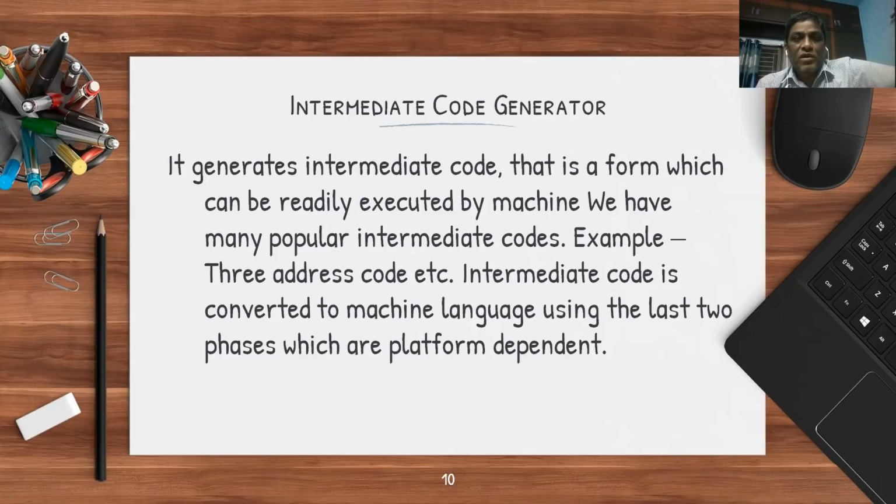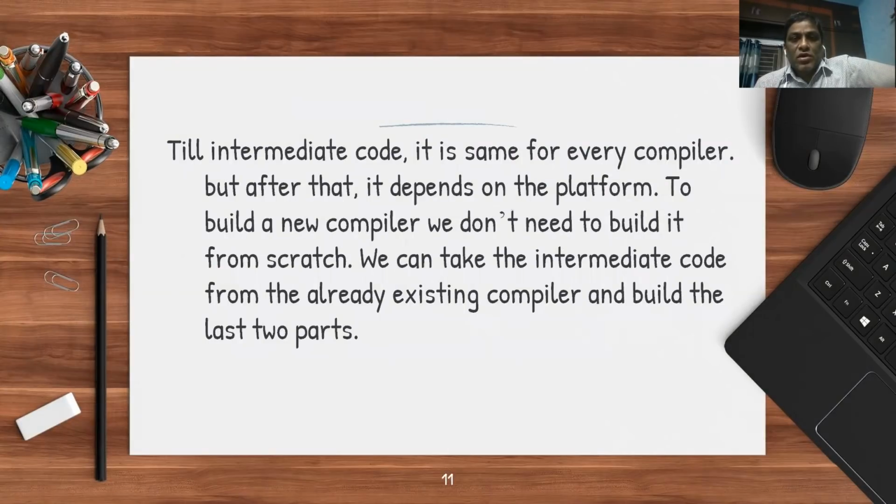Then, up to this intermediate code generator phase, the four phases are common for every single compiler. For example, there is a C compiler available for ANSI vendors, and there is a C compiler available for Turbo.